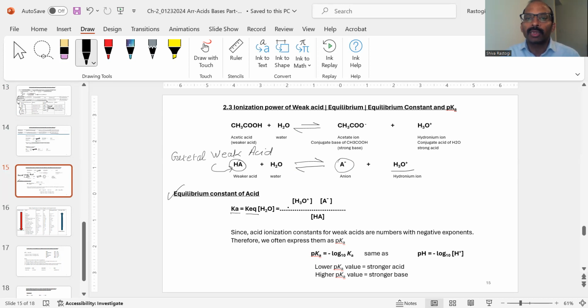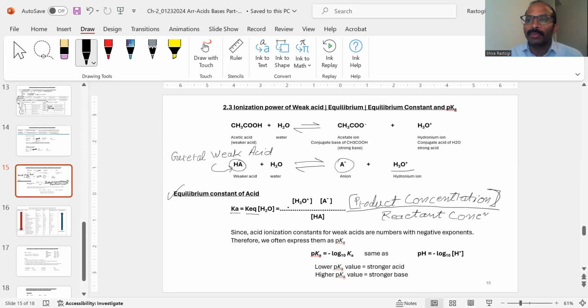It would be the product of the hydronium ion and anion concentrations on the top, divided by the reactant concentration.